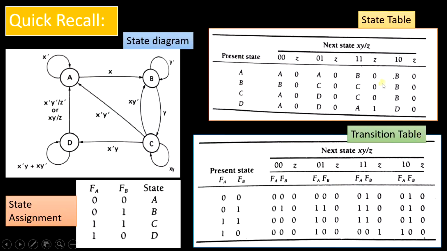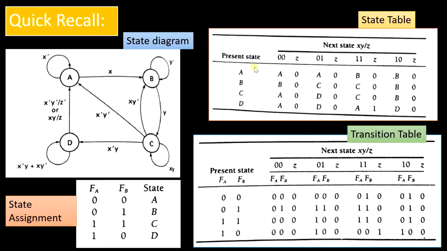A state table, as you know, is a tabular form of a state diagram. The present states correspond to all possible states in the machine. You can see A, B, C, D are the various states in the machine, and these correspond to the present state.